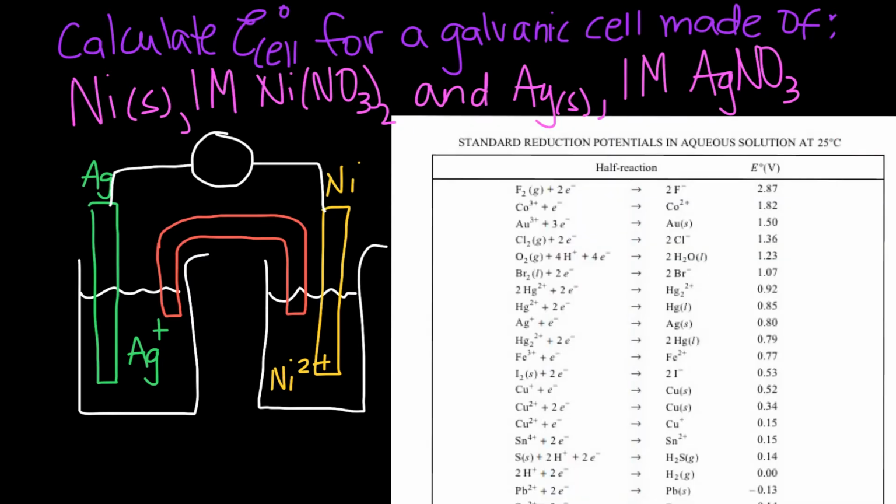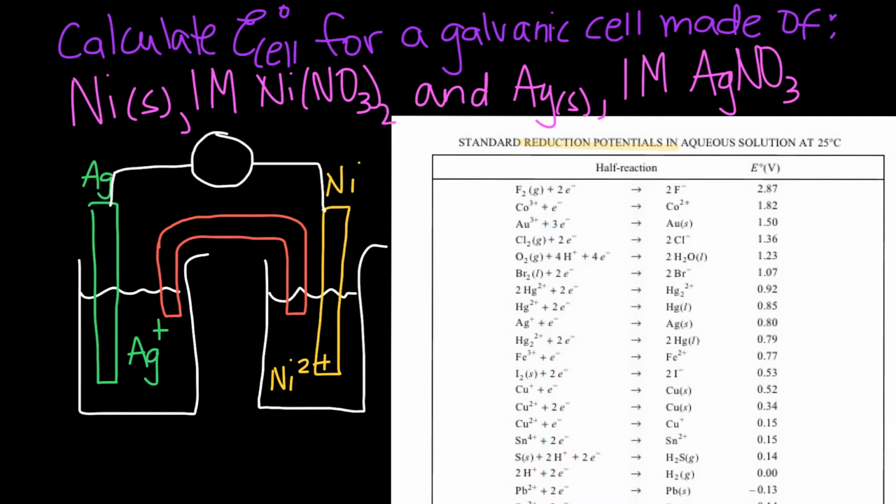Our next step is going to be to look at our reference sheet. Here we have standard reduction potentials. Every half reaction that's on here is going to be a reduction, so it's going to show a gain of electrons. And then the cell potential that's associated with that specific half reaction when compared to the SHE, the standard hydrogen electrode. Some of them are going to be positive, and some of them are going to be negative.